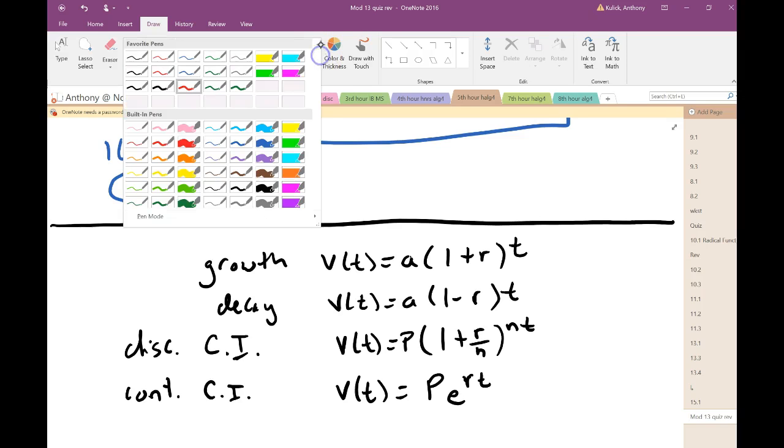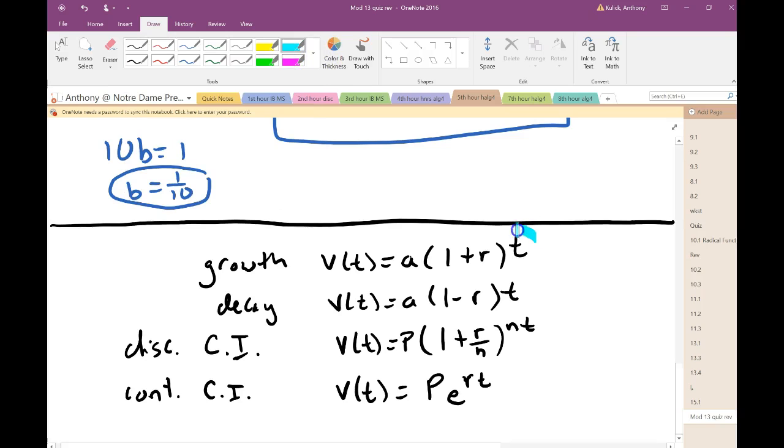And then in the growth or decays, the value for t is some measurement of time. How do you know what unit of time that t is in? It's going to match your rate of growth or decay. So if it says in the problem that something is growing by 8% per minute, then the t is in minutes.